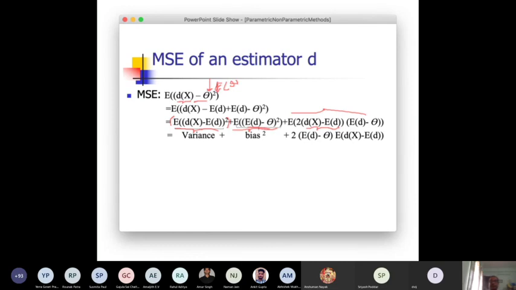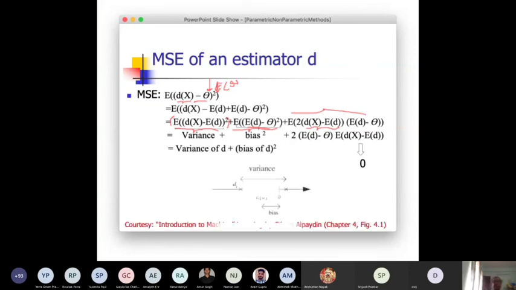So it is not yet complete. I have taken this part here, which is equal to 0 as you have said. So this is the expression for mean squared error, and this is nicely expressed by this figure taken from this book.